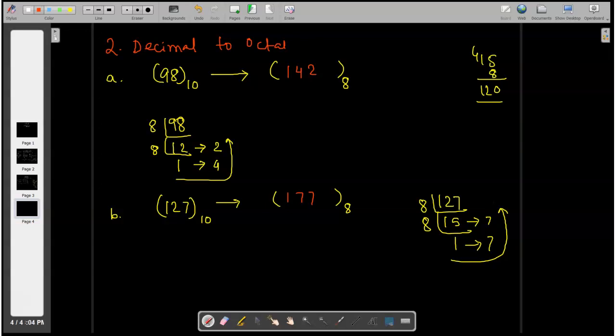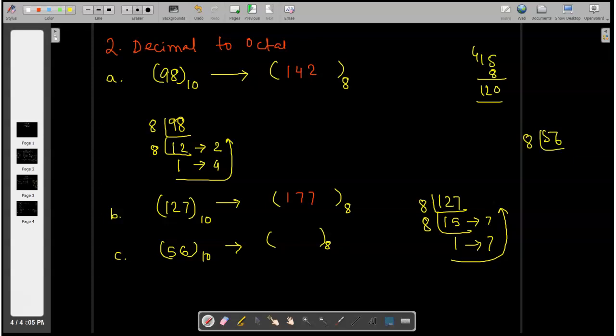Do you want to see one more? Let us see one more. Let us take another number, a small, simple number, 56 base 10. We want to convert it into an octal number. Again, we divide 56 by 8.